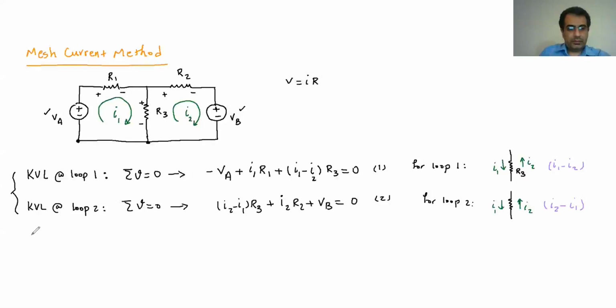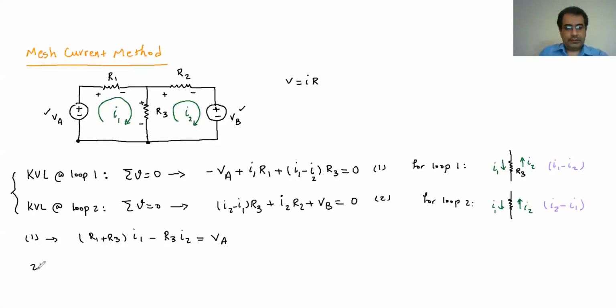The first equation, if I rearrange it, is everything in terms of I1 and I2. So what I have here is R1 plus R3, times I1, and for I2, I have negative R3 I2, and then take every constant to the other side, so it's going to be VA.